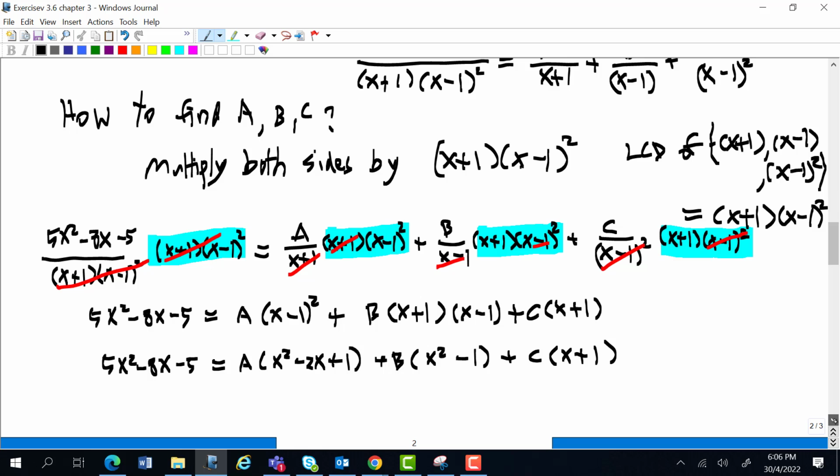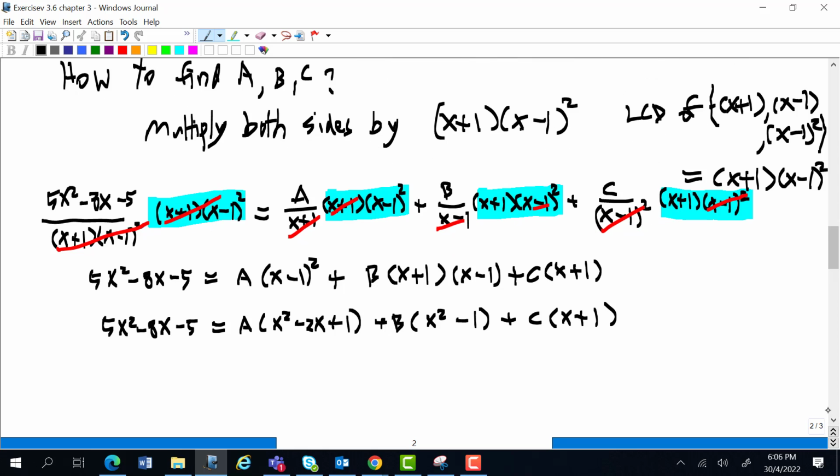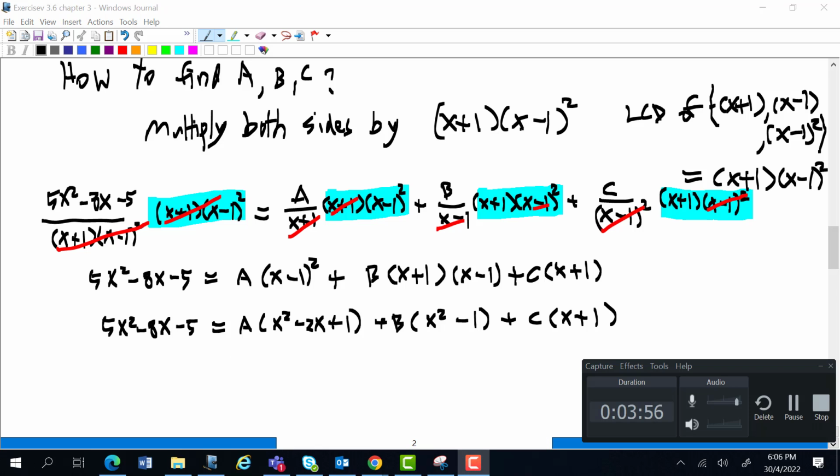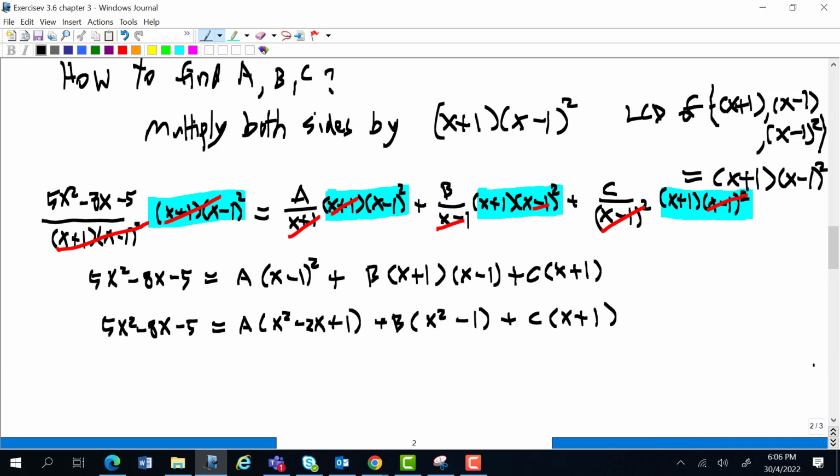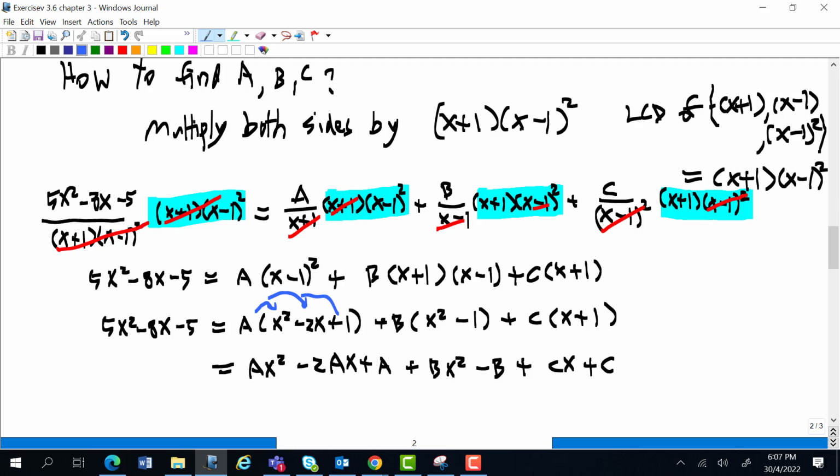So in this case, you get ax squared minus 2ax plus a, plus bx squared minus b, plus cx plus c, after you distribute the terms into each of them.